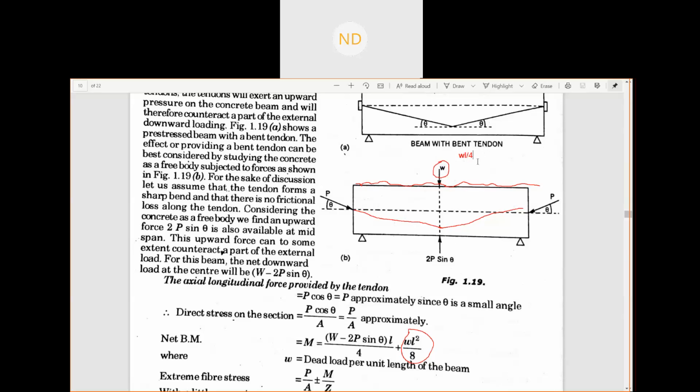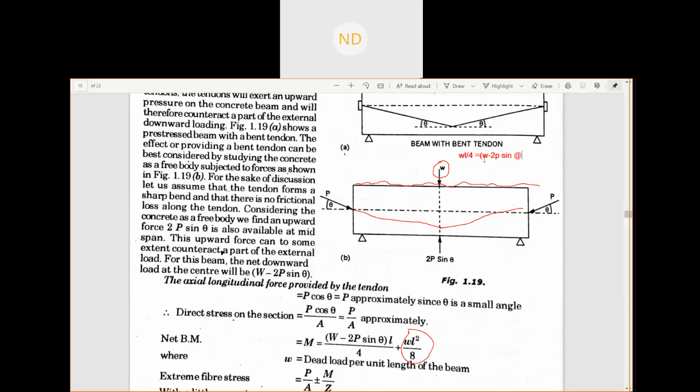That is our total load. So this W will be W minus 2P sine theta.